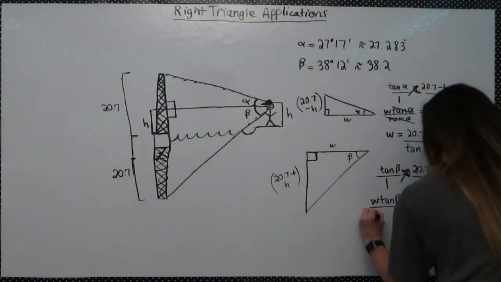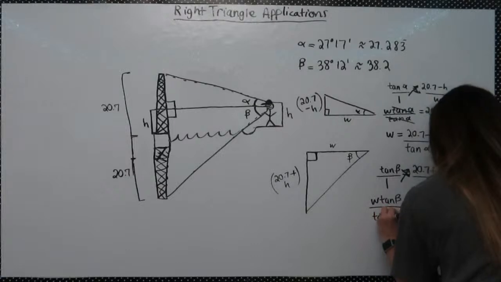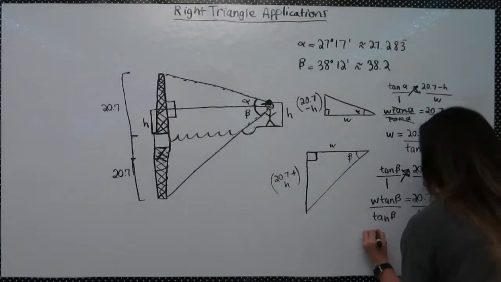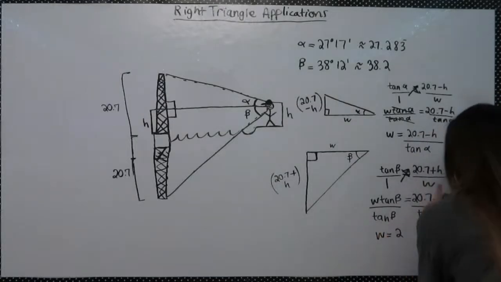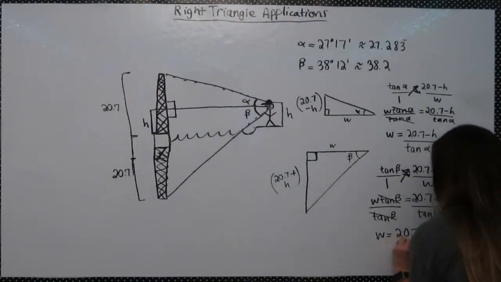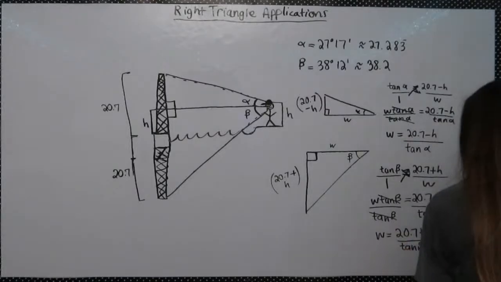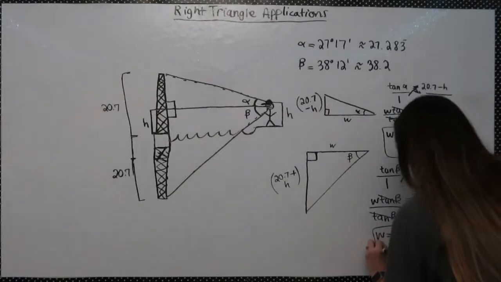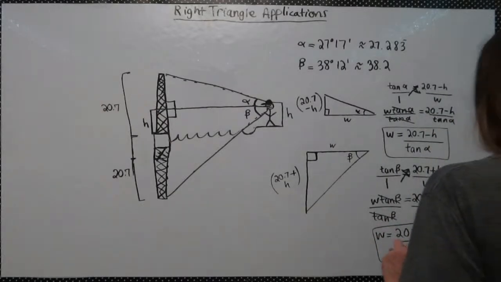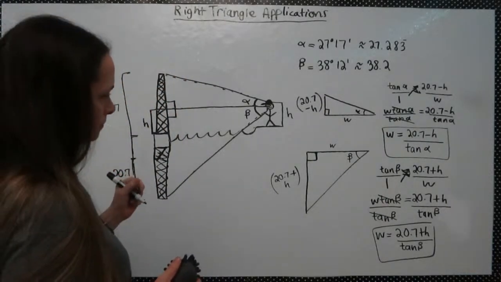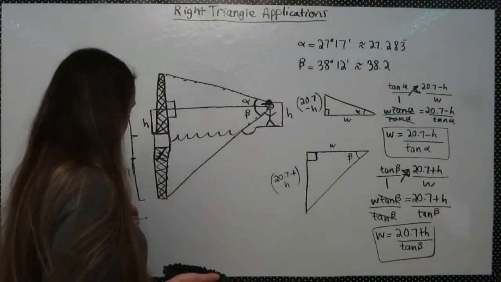Then we divide off that tan beta, and those cancel, and you end up with w equals 20.7 plus h divided by tan beta. Since you have what both of these are equal to, you can set them equal to each other, which is what I did, and then I solved for h.